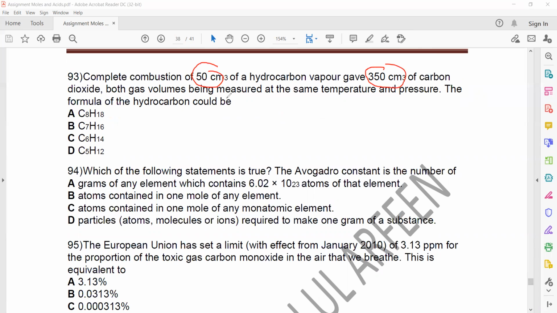Both gas volumes were measured at the same temperature and pressure. What is the formula of the hydrocarbon? We know the ratio of the moles: the hydrocarbon CxHy burned gives x molecules of carbon dioxide and it will give H2O, but how many molecules of H2O? Because this is y, it is y by 2.